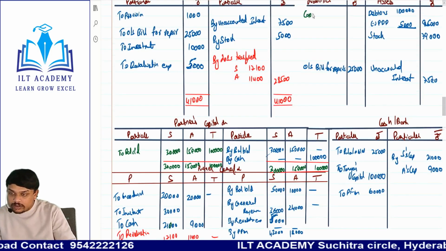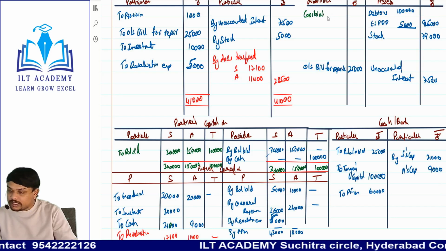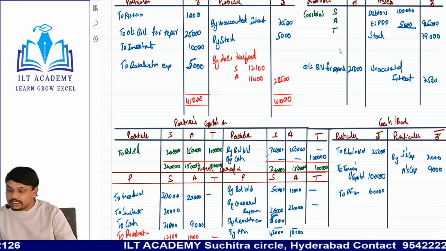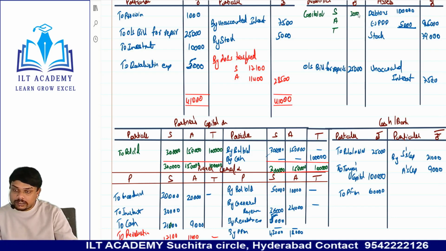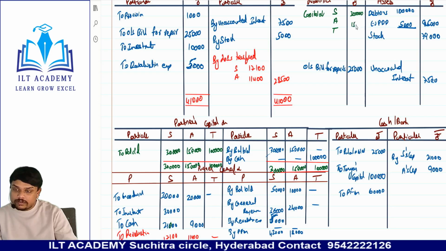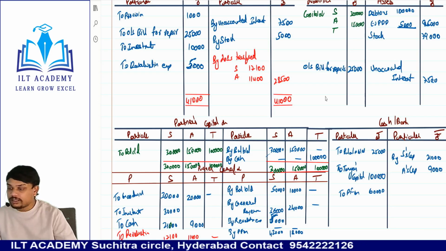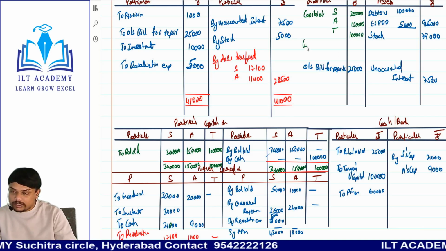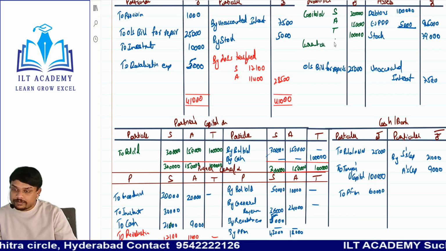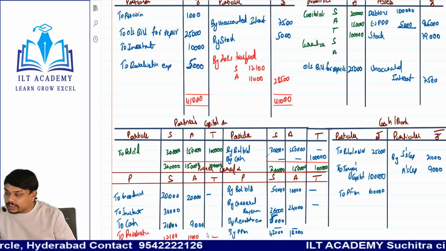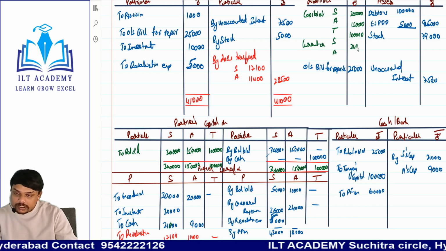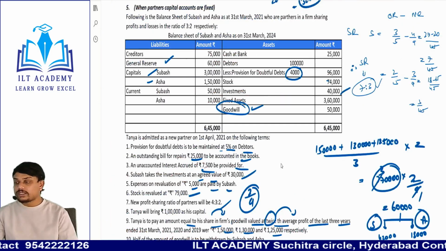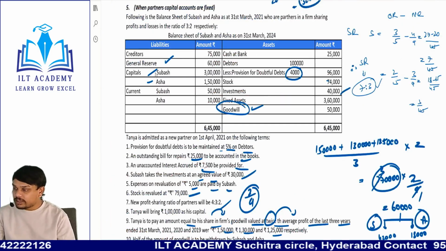Having the capital account balances of S, A and T, 1 lakh each, and current accounts of S and A having 34,900 and 7,600. Now let us complete the remaining accounts.